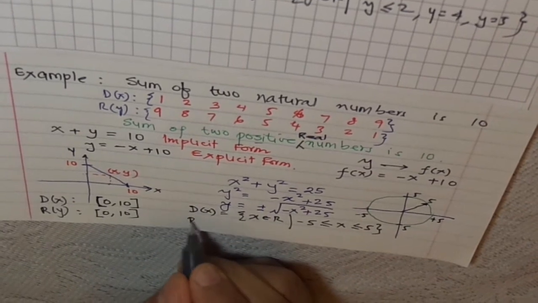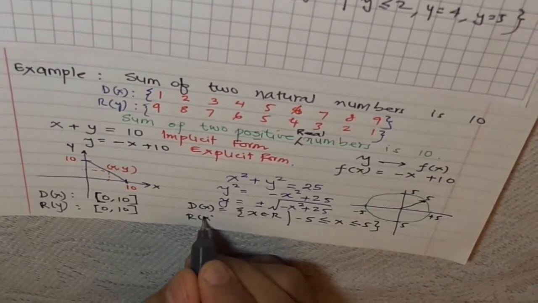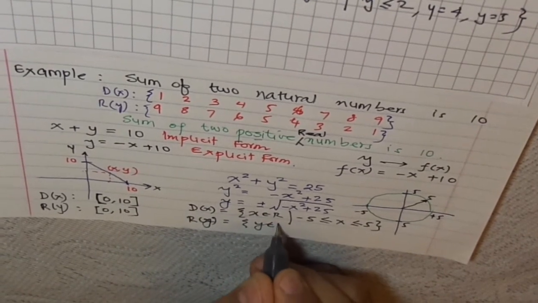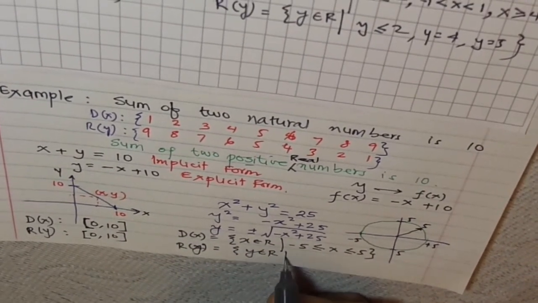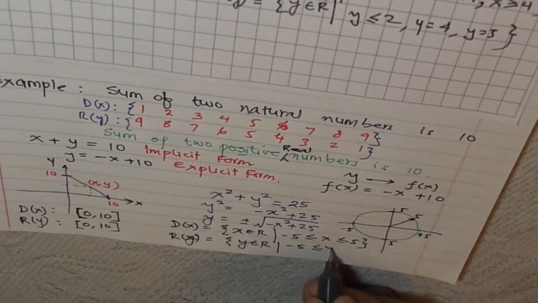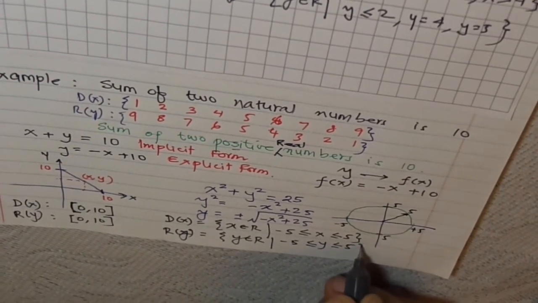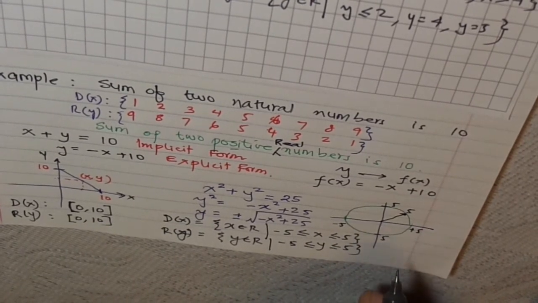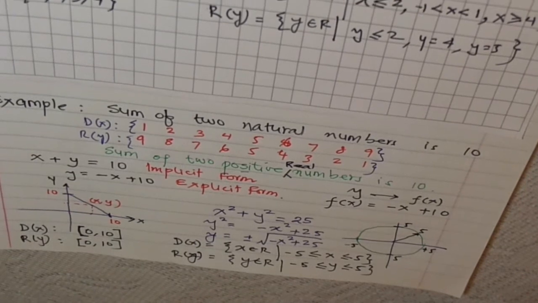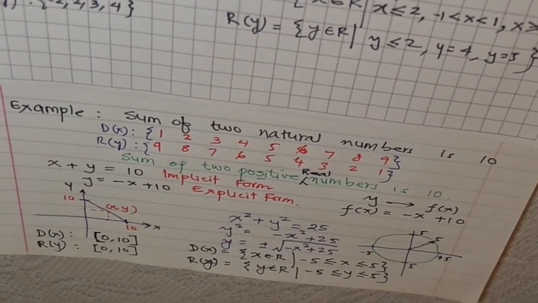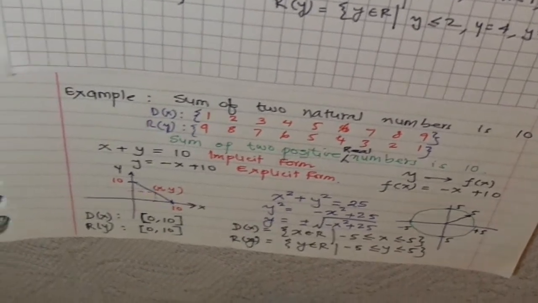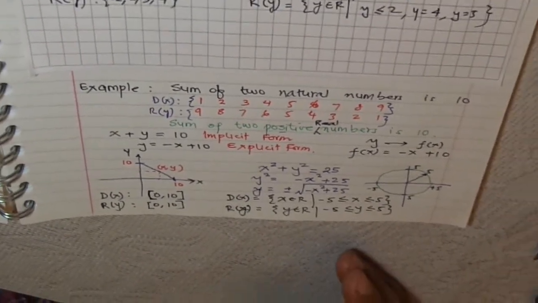And range is y. y belongs to real numbers, where the value of y is between minus 5 and plus 5. Okay? It is not a function, but we can always write its domain and range. It does have a domain and range. It's a relation.